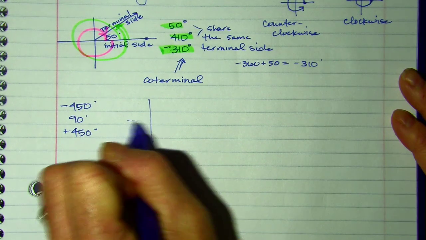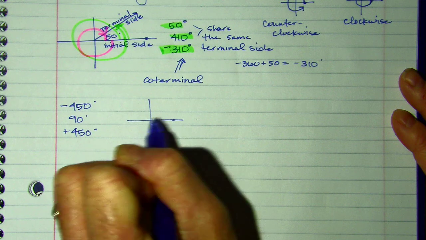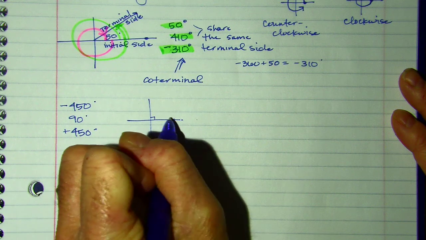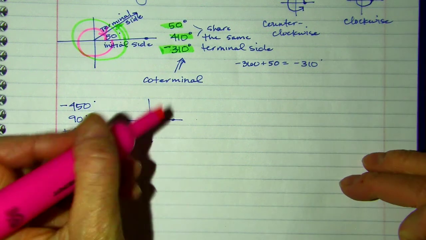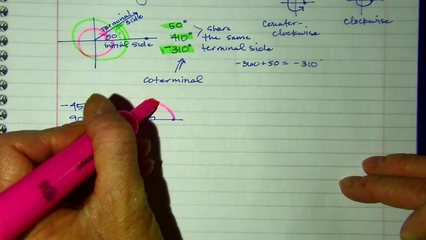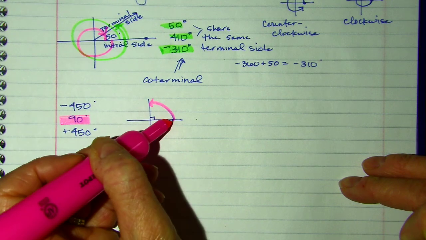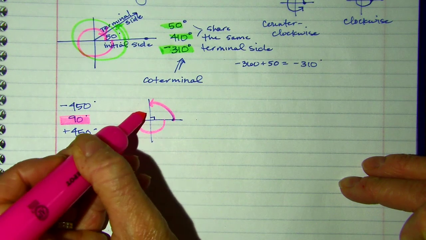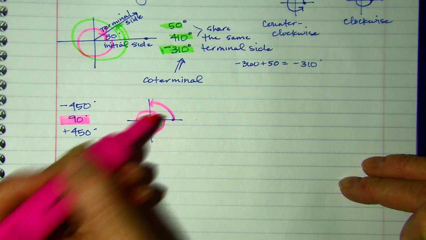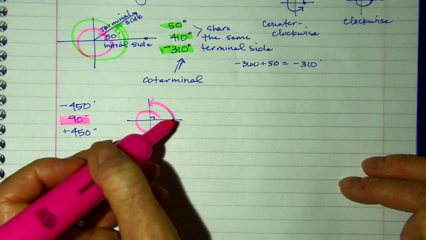So for example, I know this is 90. So positive 90 would be here and negative 450. Negative would be clockwise. So there's 360. Why am I messing up?